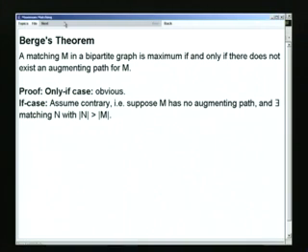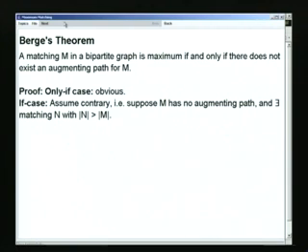So we are going to assume that M has no augmenting path, and there exists a matching N such that N is larger than M. So this is the case that we really wanted to watch out for. We cannot find an augmenting path, neither have we got the best matching. So this is the if case, and this is the case we really want to rule out.